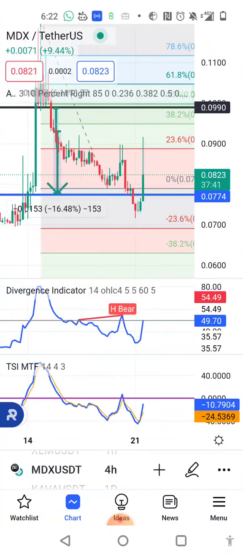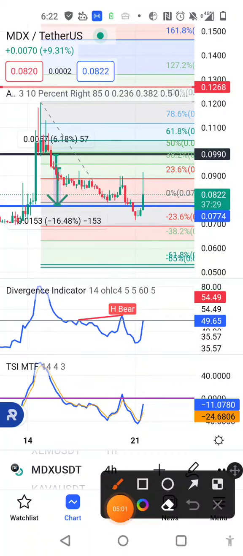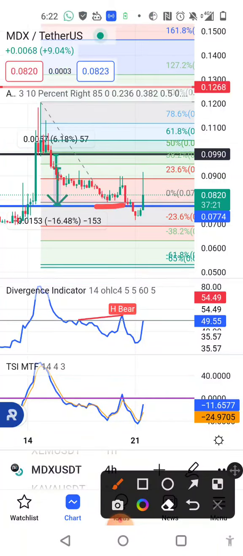Now maybe the signal was dropped, and the signal was 5%. So you understand that even if it is a perfect signal, the market will not start from here and move straight up to here.